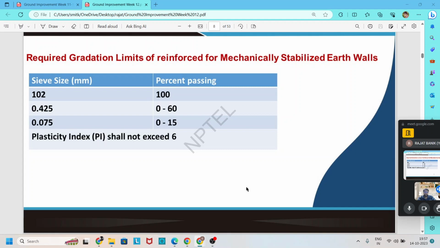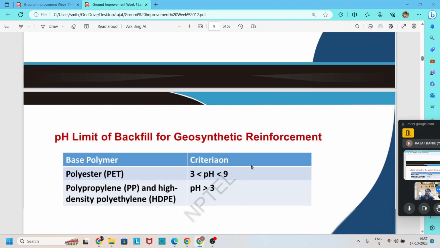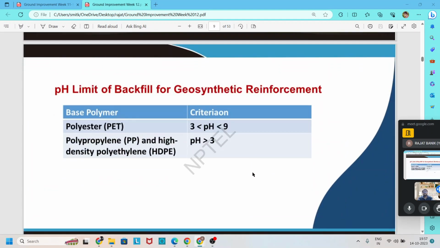And to check the plasticity index, it should not be greater than 6. The pH for different materials also needs to be checked. For polyester, the pH should be between 3 to 9. And for polypropylene and high density polyethylene, the pH should be greater than 3.